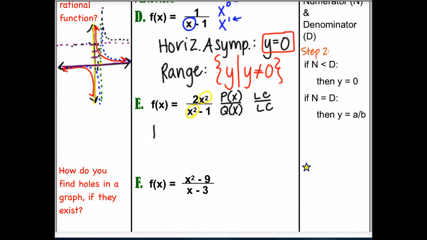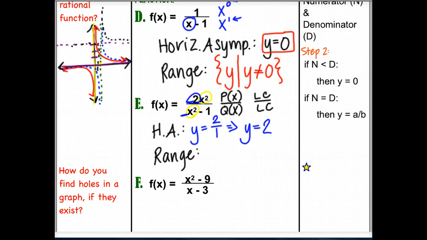So for our horizontal asymptote, y is going to equal 2 over 1 because we're looking at the highest power leading coefficients, which are 2 and 1, which means that my horizontal asymptote is at y equals 2. Likewise, that means that my range is going to be all y's such that y cannot equal 2. And then we have our range.